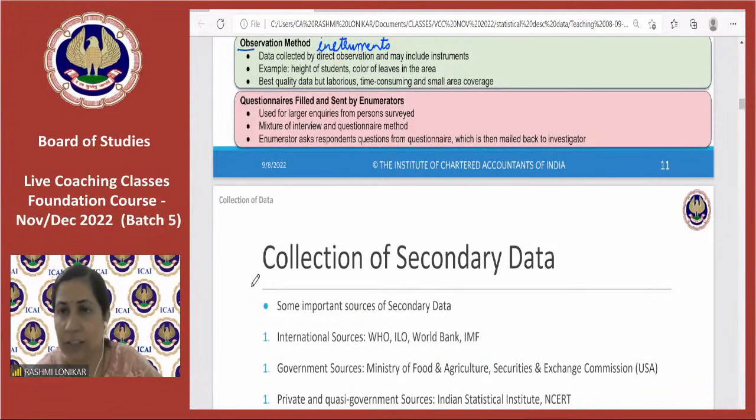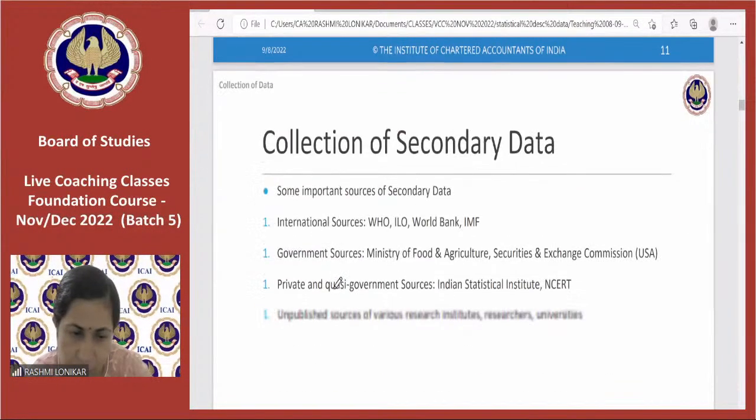They had written questions: Do you get dandruff? What do you do when you get dandruff? Which shampoo do you use? And do you use shikakai or not? All those questions were there, and they asked us and we answered. Once we finished answering, they used to give us the sample. So that is a questionnaire filled and sent by enumerators.